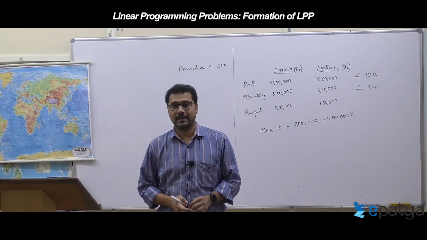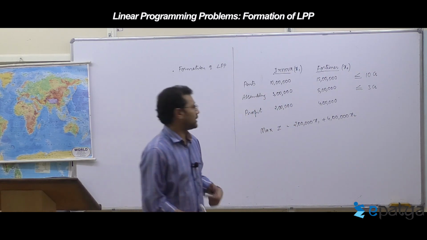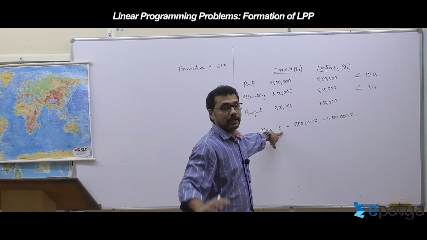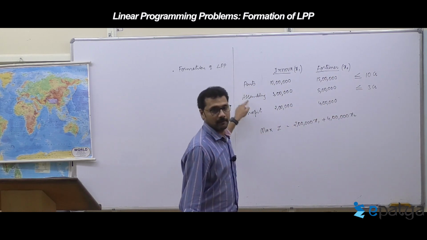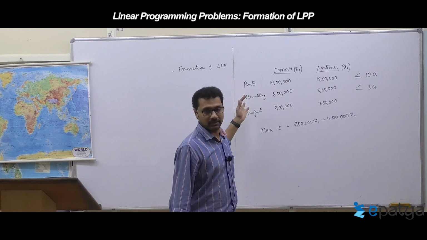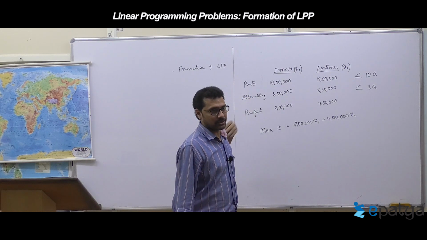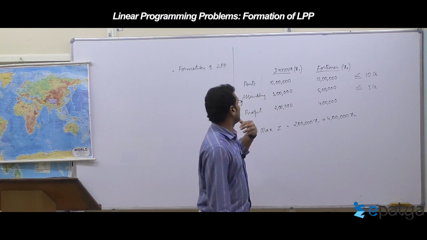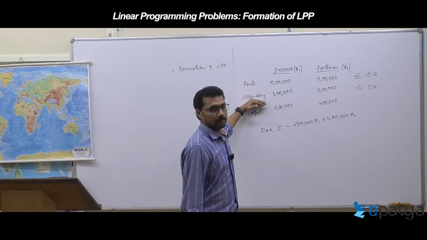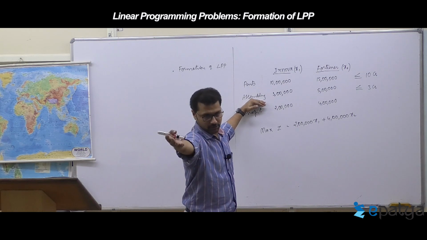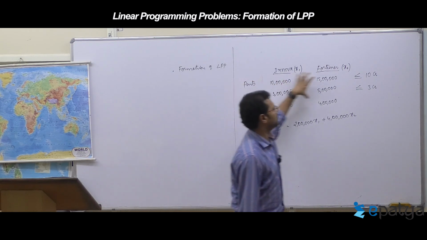So, what should be that X1 and X2 such that my profit would be maximized within the constraints that I have here. The constraint that I have is my budget. My budget itself is my constraint. My budget for what? My budget for importing the spare parts and my budget for assembling, or you can add some more other budgets also. My constraint should be this one.